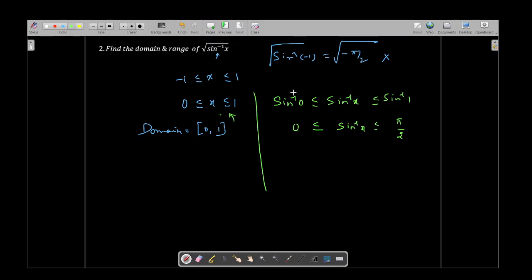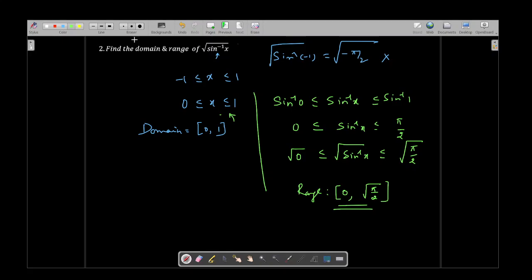So I'll take the square root of the whole inequality. I'll get root 0 less than or equal to the square root of sine inverse of x less than or equal to the square root of pi by 2. So the range is between the square root of 0, which is 0, and the square root of pi over 2. This is my range. Thanks for watching.